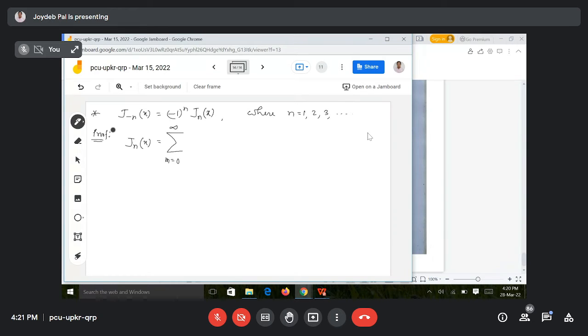It is the sum from m equals 0 to infinity of minus 1 to the power m, x to the power 2m plus n, divided by 2 to the power 2m plus n, m factorial, n plus m factorial. Correct.